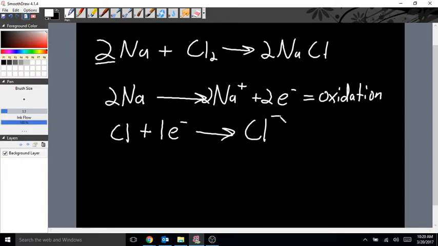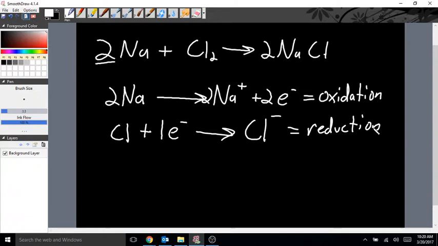Chlorine is taking an electron to form that -1 charge. Lose electrons oxidation, we're not doing that one, so we have to go to the second part. Gain electrons reduction. This part here, this is our reduction step.